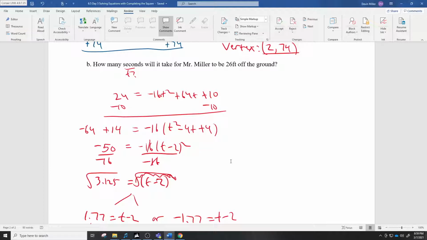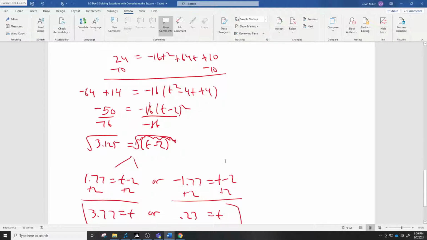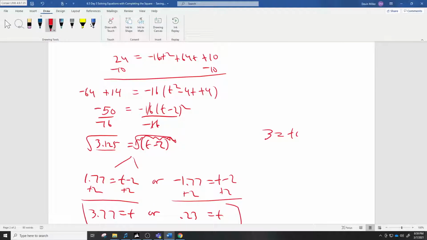Oh yeah. So the difference is I think it would be 3 seconds here instead of 3.125. It should be this. T minus 2. There we go. This is really what you should have gotten as 3 because this should have been 48.